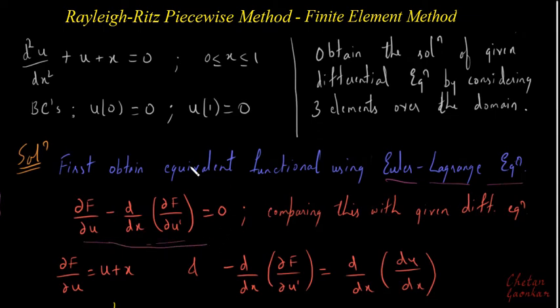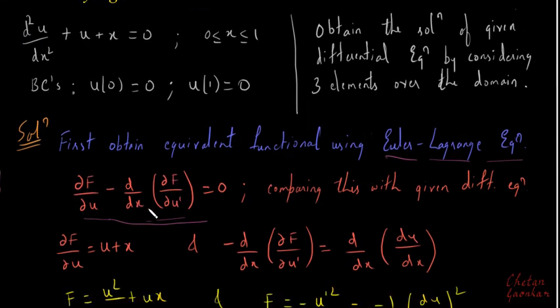So to obtain the equivalent integral form of a given differential equation, what we do is compare the given differential equation with the Euler-Lagrange equation. And if I do that, I can compare this quantity, that is d square u by dx square, with this quantity, that is d/dx of dou f by dou u dash.